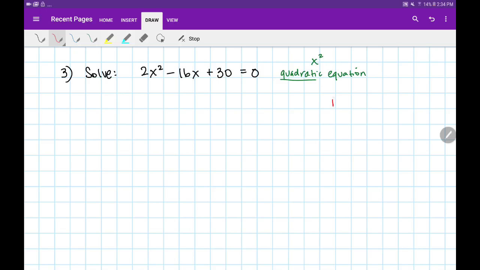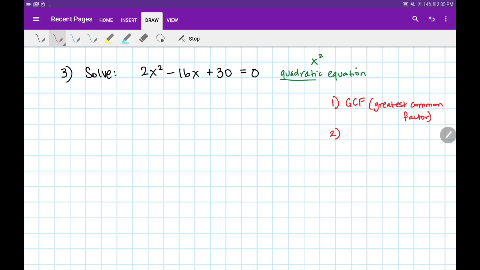The first method that we use always, every single time, if it's possible, is GCF, or greatest common factor. Okay, if these notes are new to you, you should go ahead and write them down because they will be very helpful.